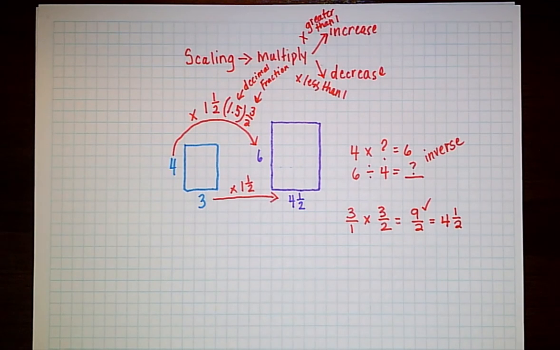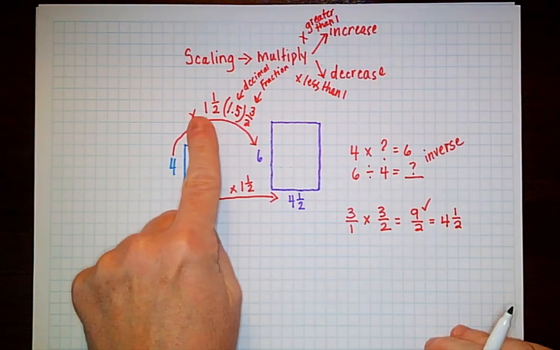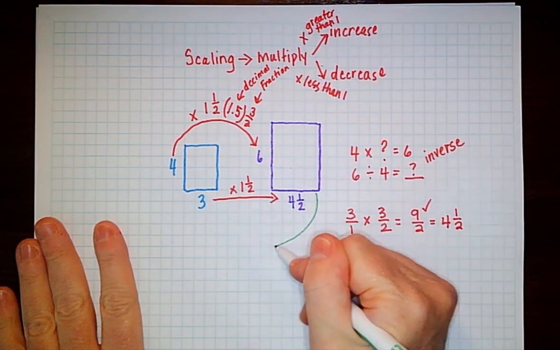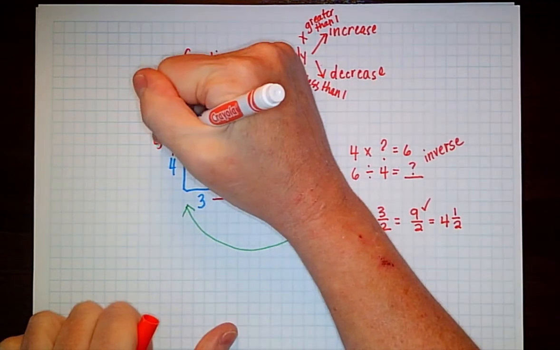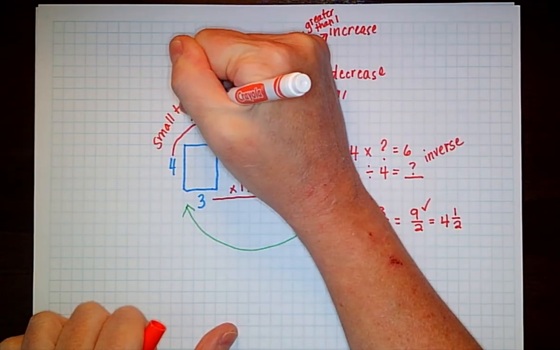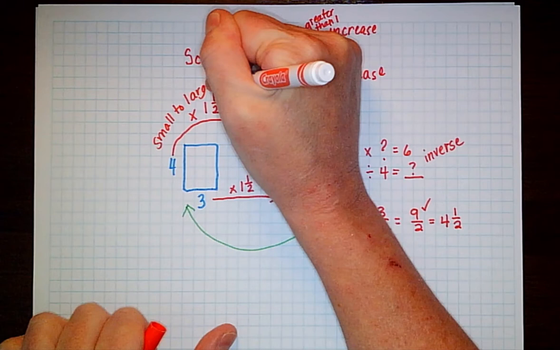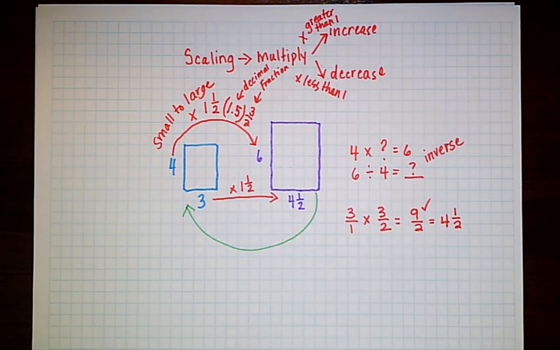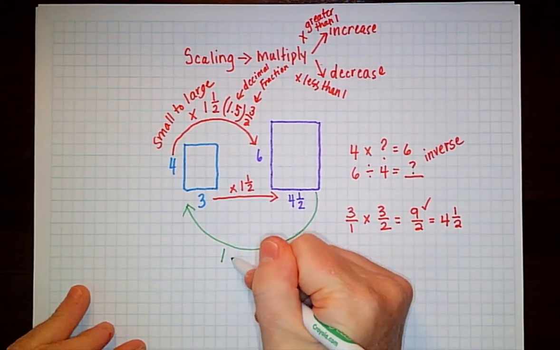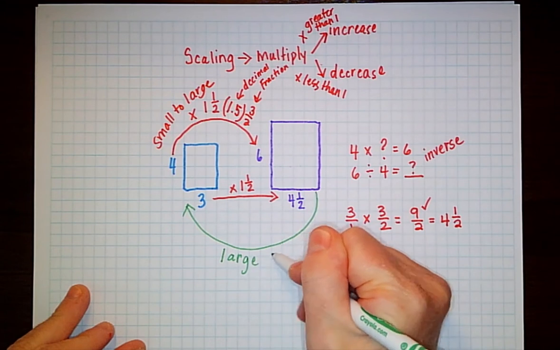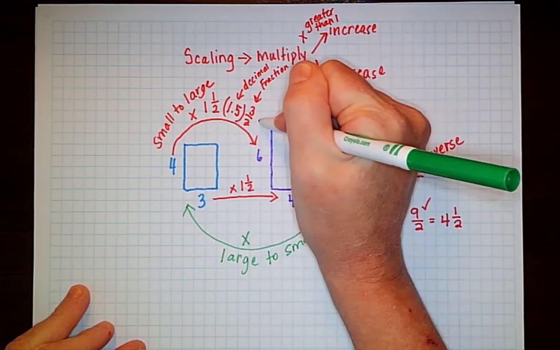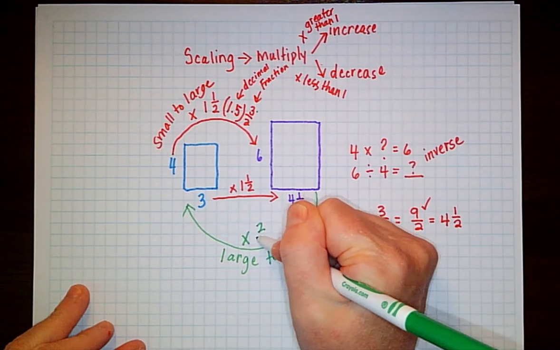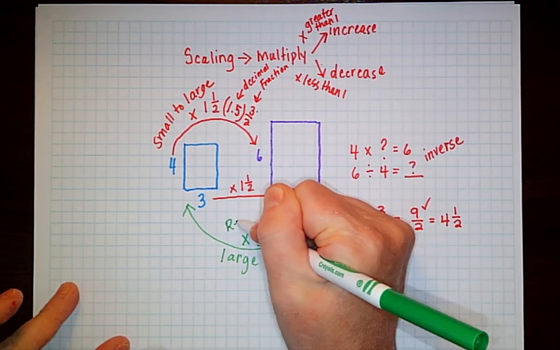Now, scale factors can also work backwards. We go times 1.5 from small to large. If I want to go from large to small, I just do the inverse, the opposite, the reciprocal.